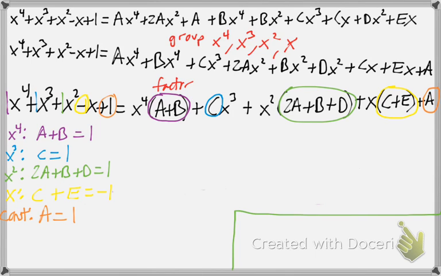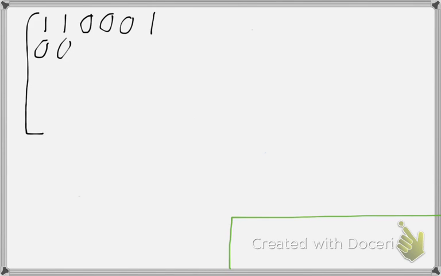Okay, so I need to convert this to a matrix. It's going to be quite a large matrix. There's going to be a lot of zeros. So it's going to be 1, 1, 0, 0, 0, 1. Those zeros are for C, D, and E. There is no C, D, and E, so those would be 0 there on the first one. Then it's going to be 0, 0, 1, 0, 0, 1.